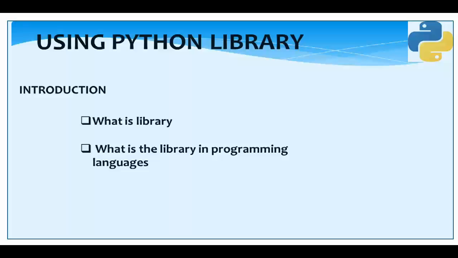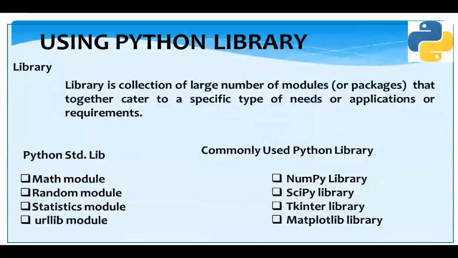So you must have understood about the library. Now we can have a basic definition: a library is a collection of a large number of modules or packages that together cater to a specific type of needs, applications or requirements. In Python, some standard libraries are available, and the standard library already contains the math module, cmath module, random module, statistics module and urllib module.